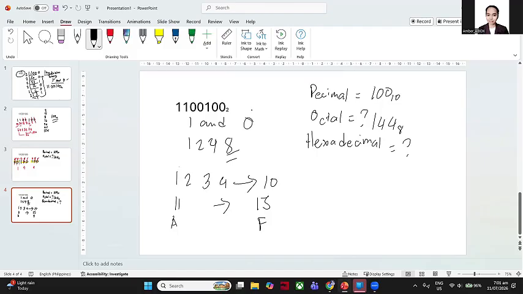So 11 to 15 is not part of the 1 to 10 or the decimal. Because decimal is in tens, octal is in 8, binary is 1 and always 0.